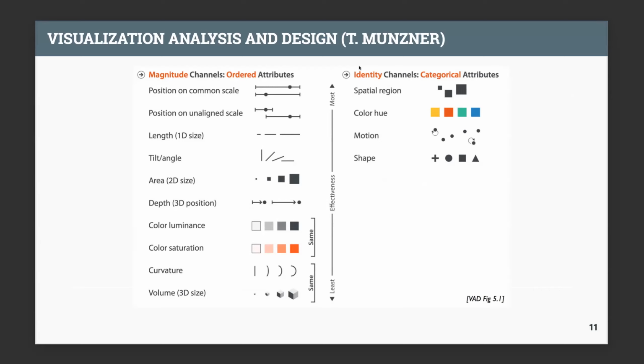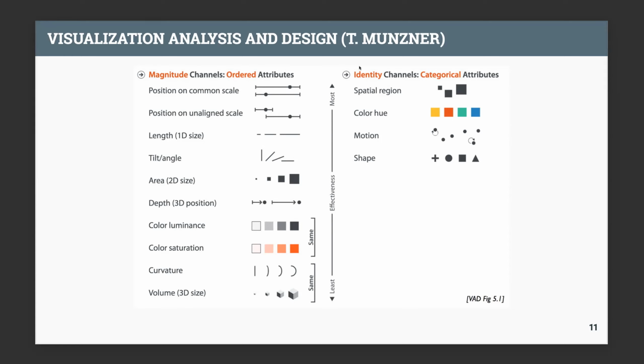On this figure from a nice book by Tamara Munzner, you can see different ways of comparing quantity. The first one, which is a position on a common scale, is probably the best, because you have the bounds and you see the dots that represent how far we are on one side or the other. If you go to the bottom part of the slide, if you use volume in 3D, this is the worst you can do.